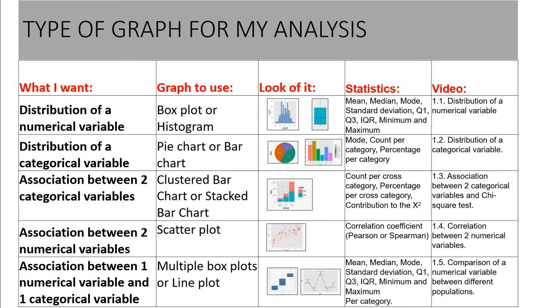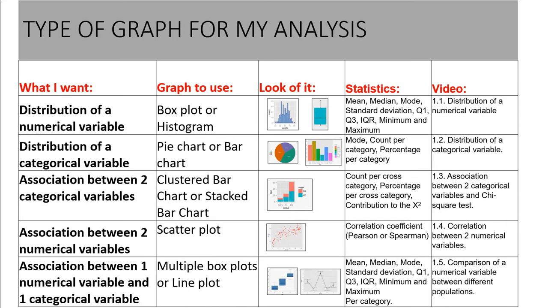If you don't know anything at all about your research question, just analyze column by column. Try to find associations between two different columns, that is, two different variables. Or try to see the distribution of the categorical variable or the distribution of the patients, like their age.